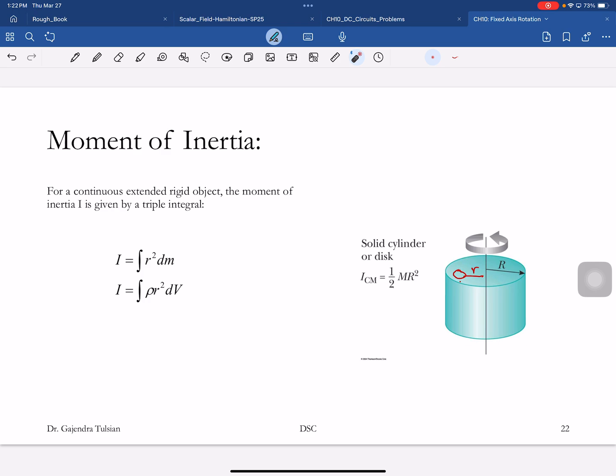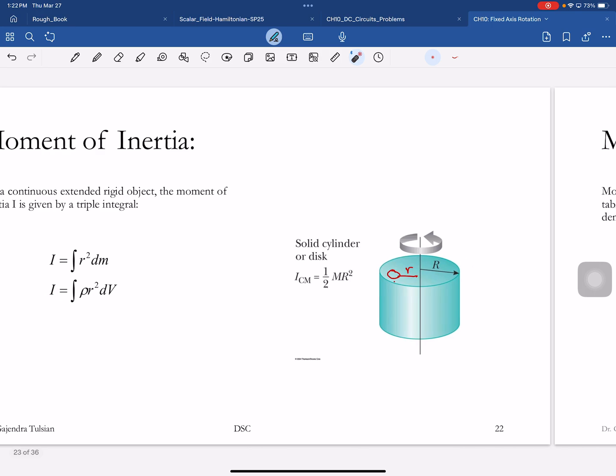Of course, if the density is uniform, the mass is the density of the material times the volume element, the volume of that mass. And so that's a triple integral. And those triple integrals are done for you for certain standard shapes, and they calculate these moments of inertia. You don't have to do that.